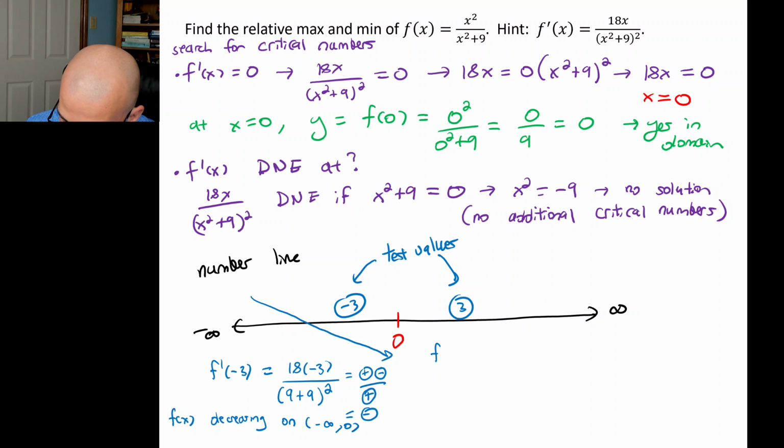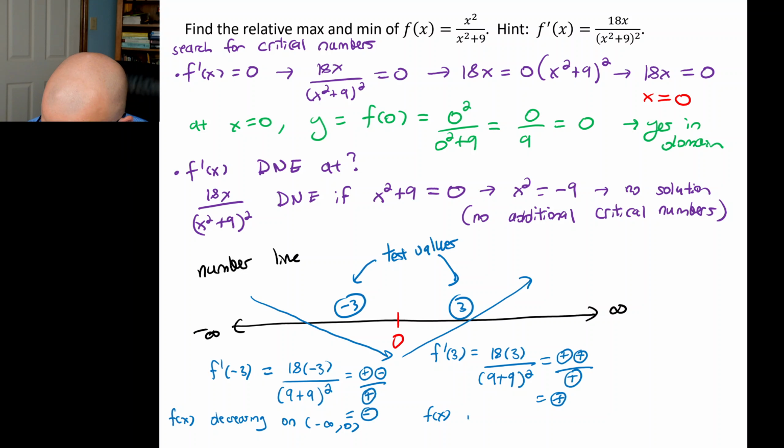F prime of positive 3, 18 times 3 over 9 plus 9 all squared. That's going to be positive times positive over positive, which is positive. So that means f of x is increasing in the next region, increasing on the interval from 0 to infinity. Then we can make a summary.